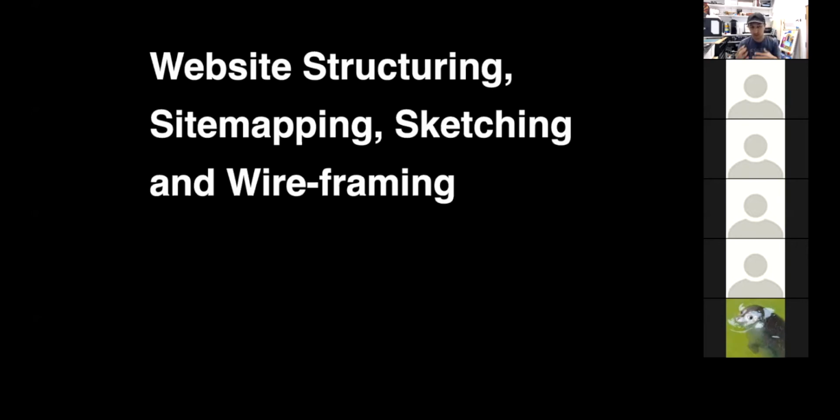So that's the process: understanding the structure of your site by creating sitemaps, so we know we have a home page, secondary pages, and tertiary pages coming off of those. Then doing our sketches to understand the general layout and visual architecture of the site, and then more polished wireframing in Adobe Illustrator or a platform that you choose to use.